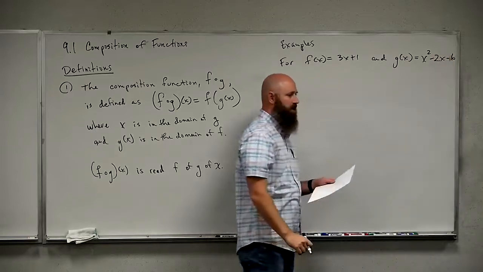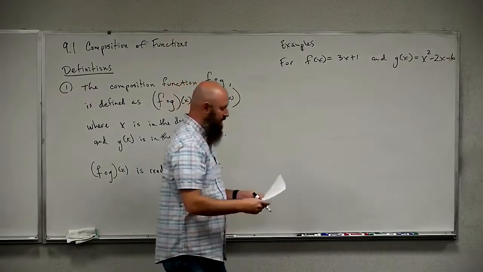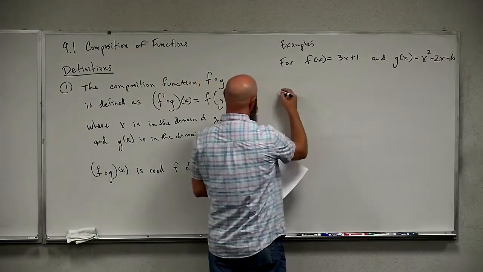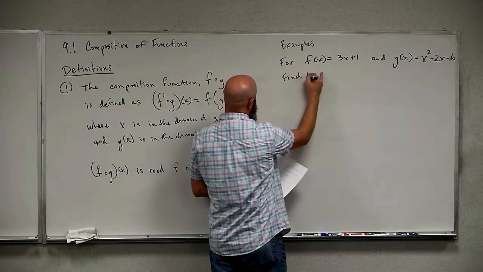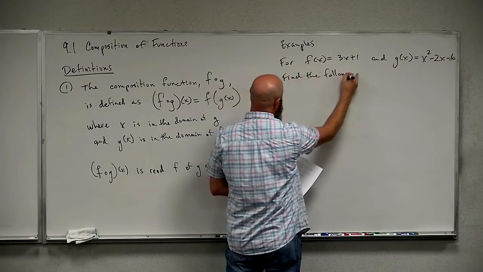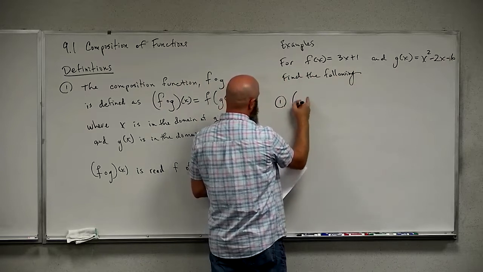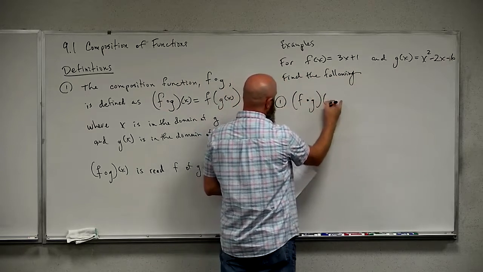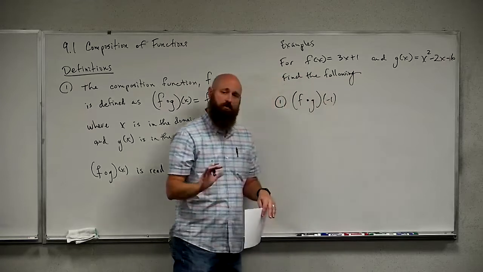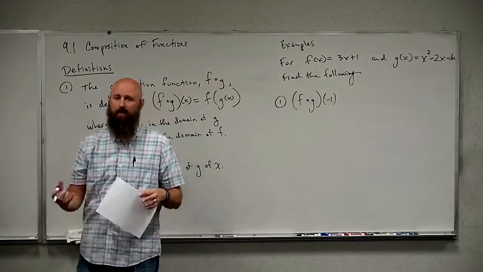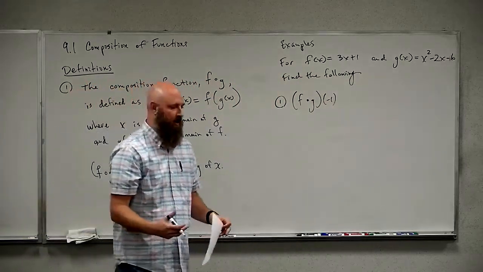Okay, so we have those two functions. We want to find the following. Find the following. So number one, what is f of g of negative 1? And we can do numbers. Okay, it's not a problem. We're just plugging that in for x and working through it.